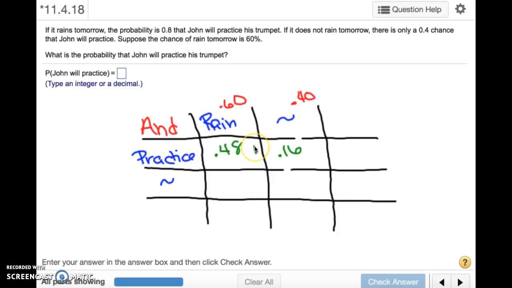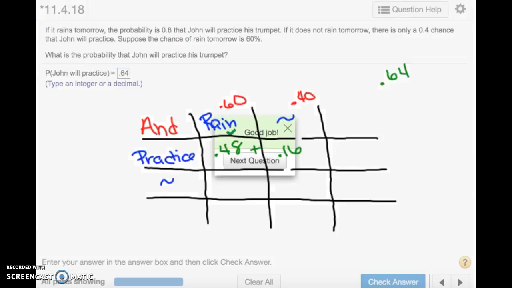So I'm going to add these two to get the probability that he practices overall. And so when I add these, I'm going to get 0.64, which is the probability that he will practice overall. And I have entered that number here, and it is correct. So once again, if you have any questions with this, ask me in class.